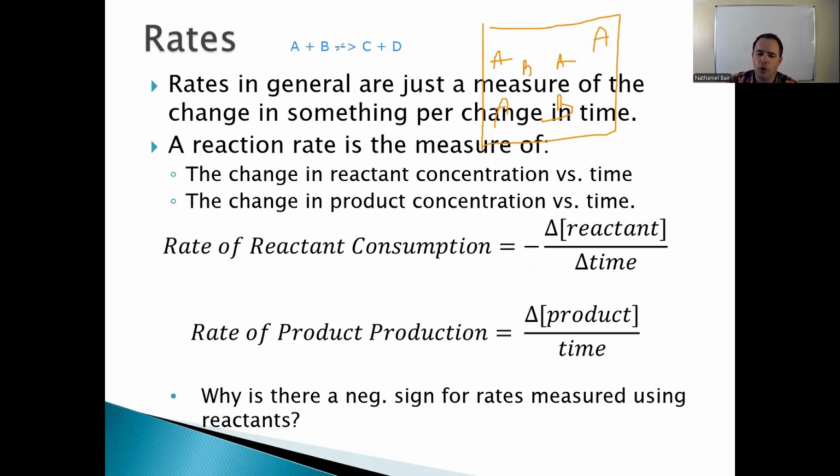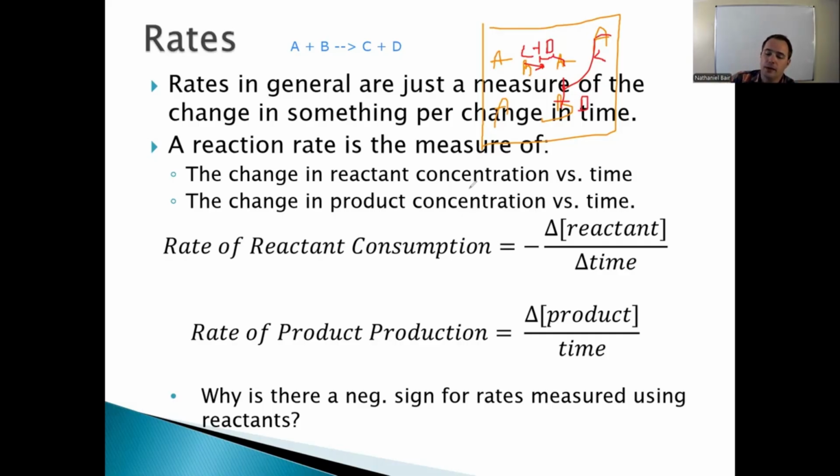We're going to start out with all reactants and no products. But then A's and B's are going to start smacking into each other. They're going to start to turn into C and D, right? We're going to make our products C and D. And then these A's and B's smack into each other, and we're going to get a C and a D. And you can see what's happening here.